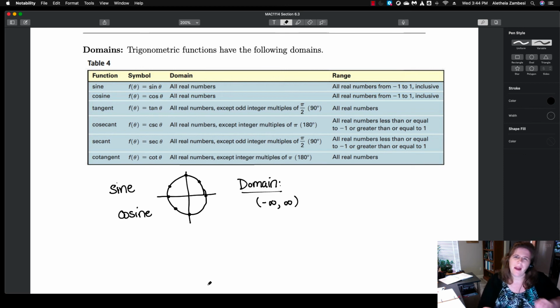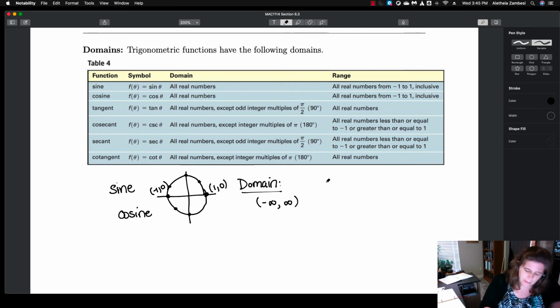Now what comes back out of the sine and the cosine function is restricted. If you look at this unit circle, remember that this point here is the point (1, 0), so cosine gets to 1. This point here is the point (-1, 0), so cosine gets to negative 1. But for all the other points on this unit circle, the x value is between.